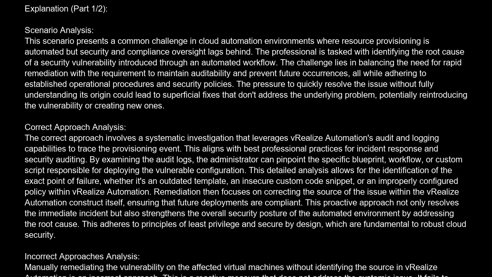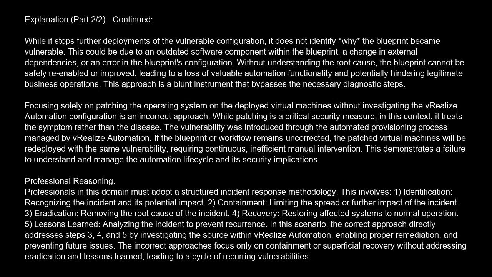Ethically and professionally, this approach neglects the responsibility to ensure the integrity and security of the automated provisioning process. Disabling the specific blueprint entirely without further investigation is also an incorrect approach. While it stops further deployments of the vulnerable configuration, it does not identify why the blueprint became vulnerable.